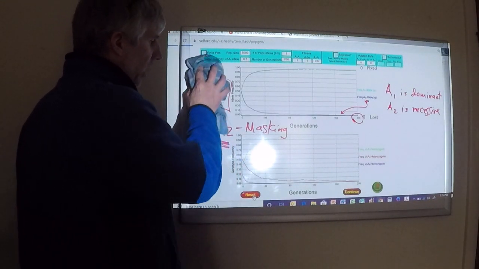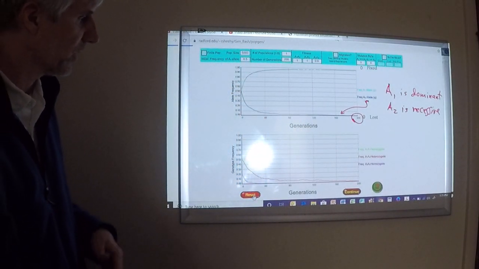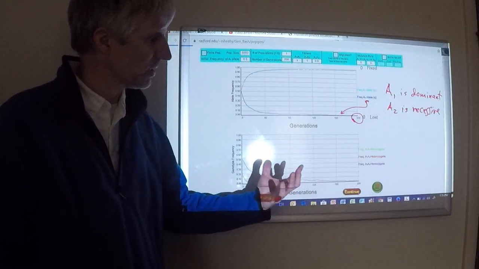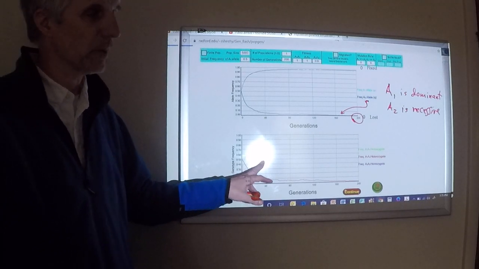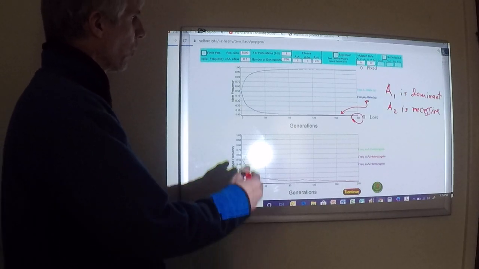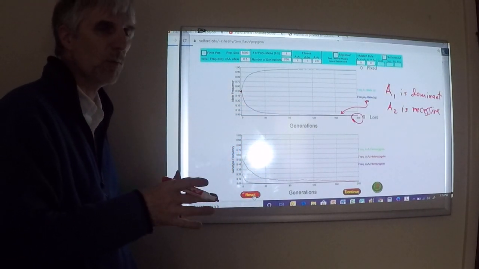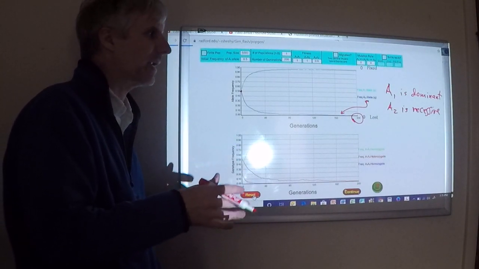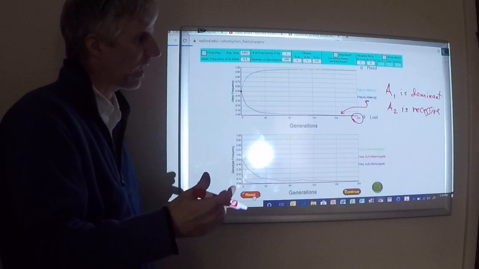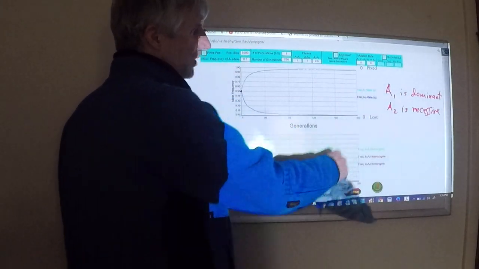Okay? Now, I also want to show you kind of what's happening in the population overall based on the frequencies of the genotypes, which it's actually plotted for us, but I want to do some math on it anyway. When we first started this population, if we assume that Hardy-Weinberg equilibrium is occurring, and I know we shouldn't do that because selection is operating, but it'll give us an idea of what is actually happening within this population.